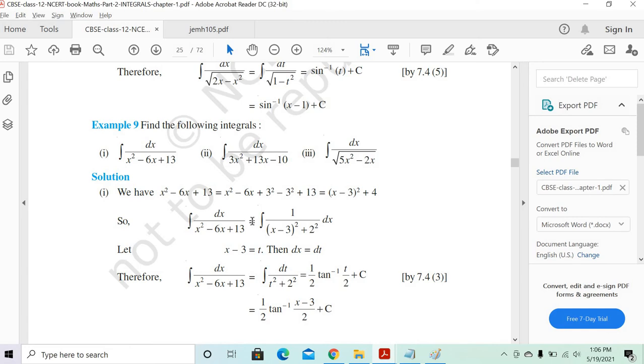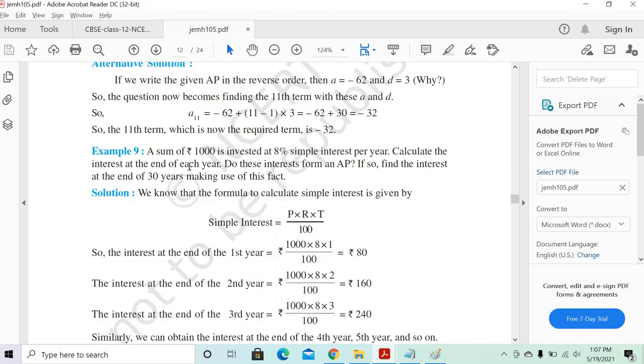So now I'm getting minus 32. Excellent. Shreya, can you go to example 9 now?